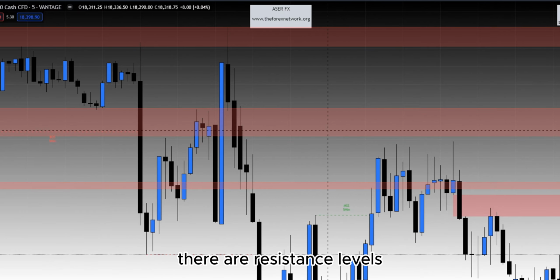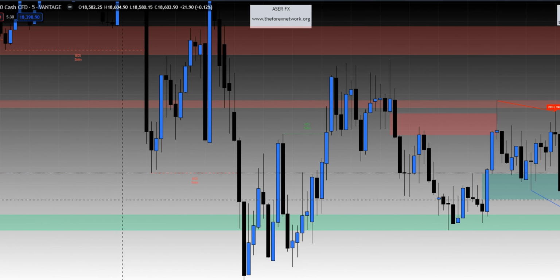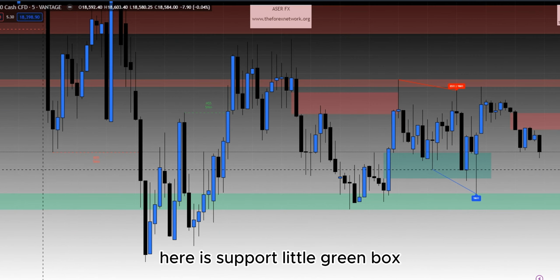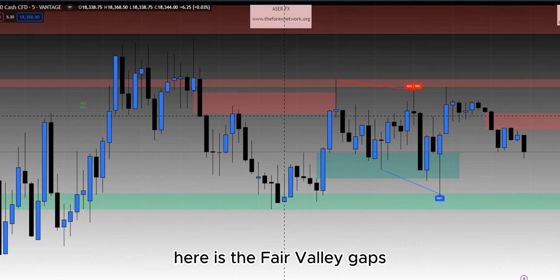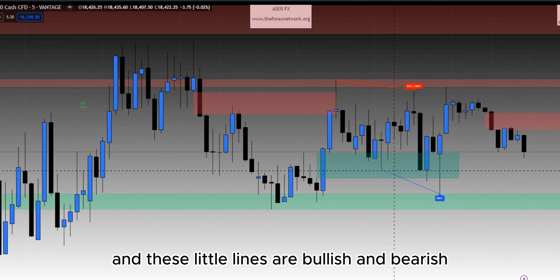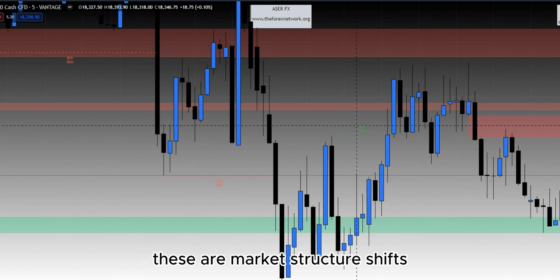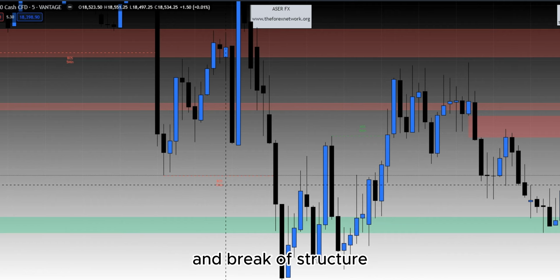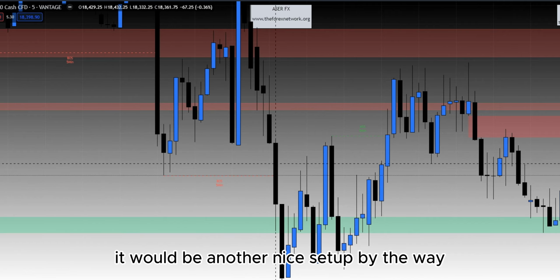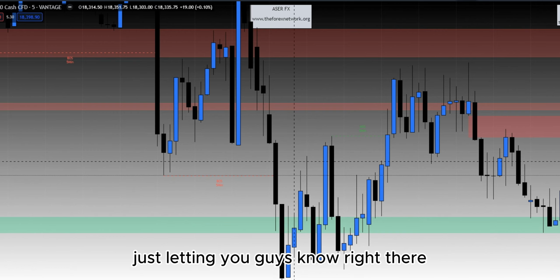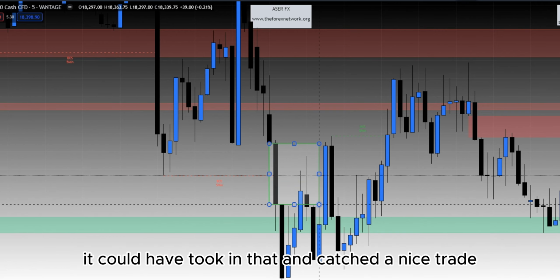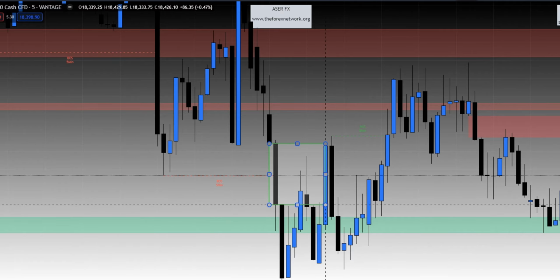Right now there are resistance levels. Here is support, a little green box. Here are the fair value gaps, and these little lines are bullish and bearish SMT divergences, and you've already seen these are market structure shifts and break of structure. It would be another nice setup, by the way, just letting you guys know. Right there, you could have taken that and caught a nice trade.